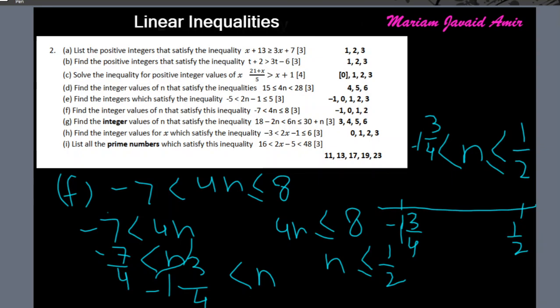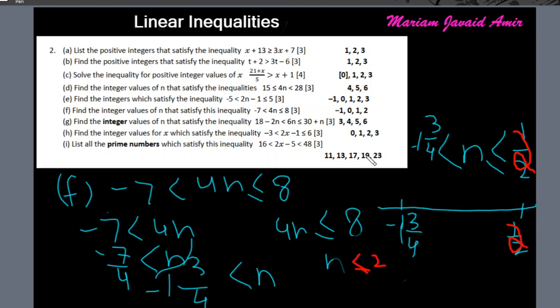Oh, in fact that was not half, that was 2. So let's quickly correct this. This is 2. So we have 2 here. Okay, here we go. Less than equal to 2. So less than equal to 2, and we'll have 2 here.